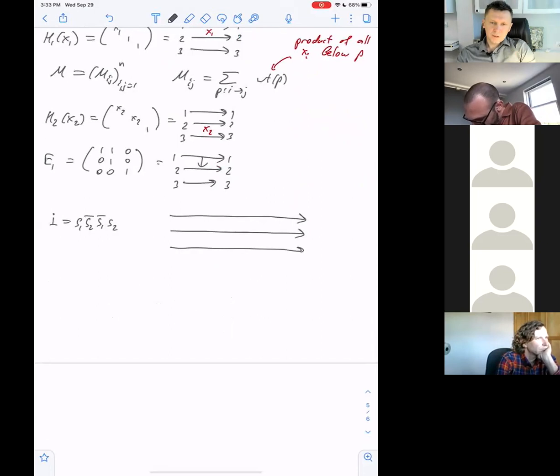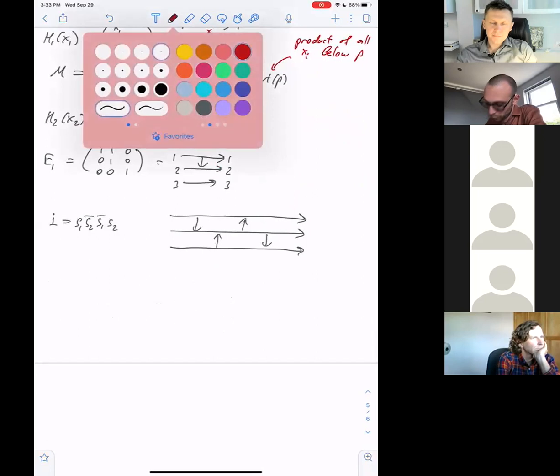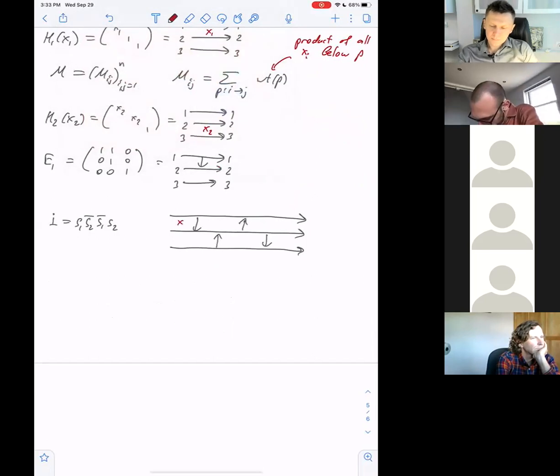Like this, and so S1 means that we have one strand going vertically down there. S2 bar means, so bar versus non-bar is just a direction of which way the vertical arrow points. S1 bar is here, S2 is here, and then we put our variables. So it's x1, x3, x5, x2, x4, x6.